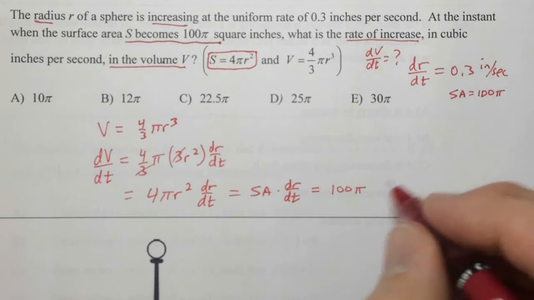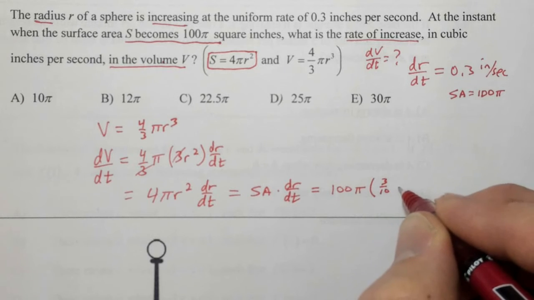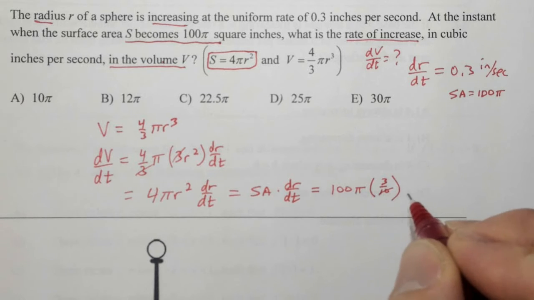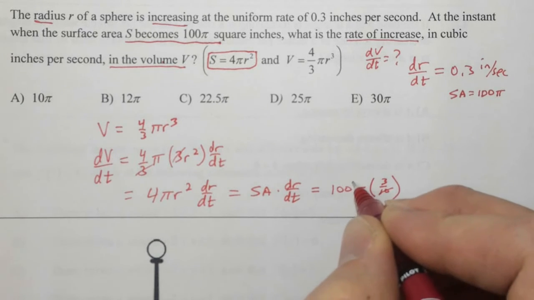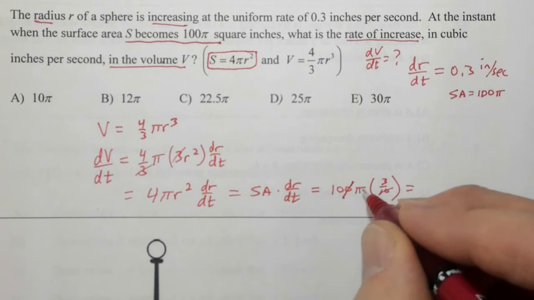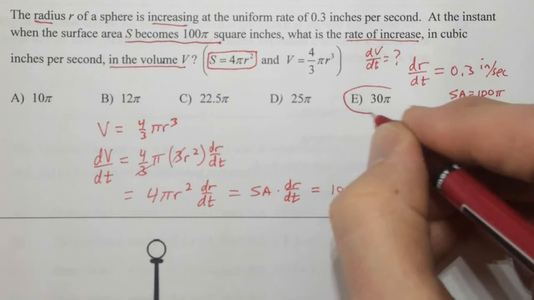But we were told dr dt is 0.3 of an inch per second. So the 100 and the 10, well, the 10 crosses out and it eliminates one of the zeros. So we can see there that we have 3 times 10 times pi, or 30 pi, as our solution.